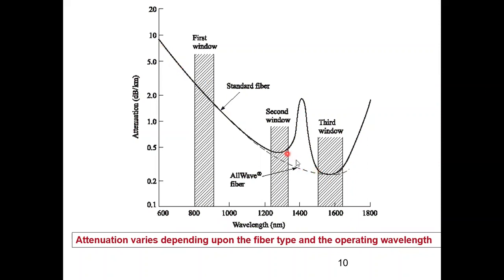But one thing is clear, that the fiber losses or the attenuation losses decrease as I increase the wavelength. Not at all wavelengths, but at specific wavelengths, as I increase the wavelength, the fiber loss decreases. So that's why we prefer to use the third window, or higher wavelength, for operation.